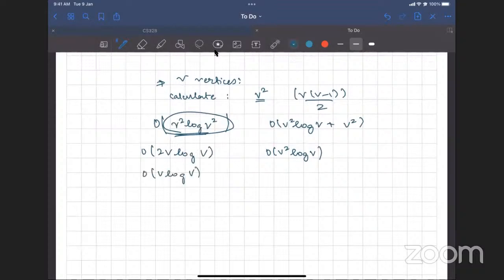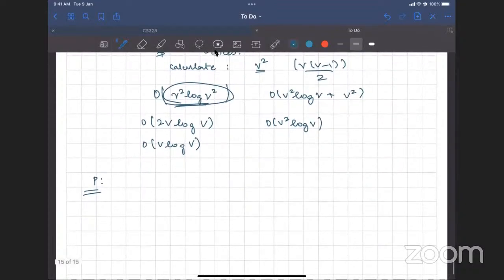But for Prim's, you do not need to sort. Even if you calculate all the distances, that is order of V square, and that is just for calculating distances. Then you just run Prim's algorithm with a priority queue, which is maintained and does not require sorting.